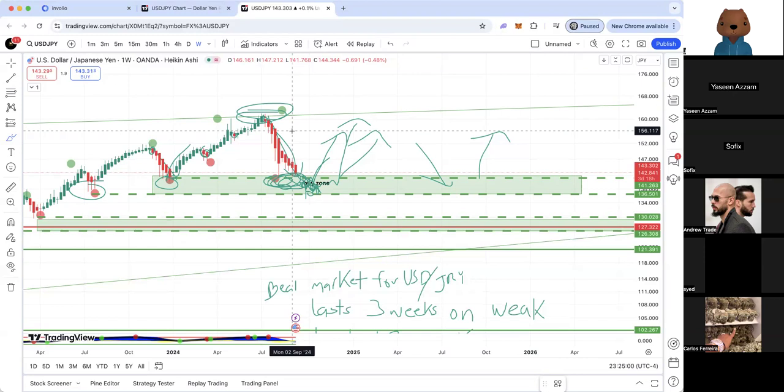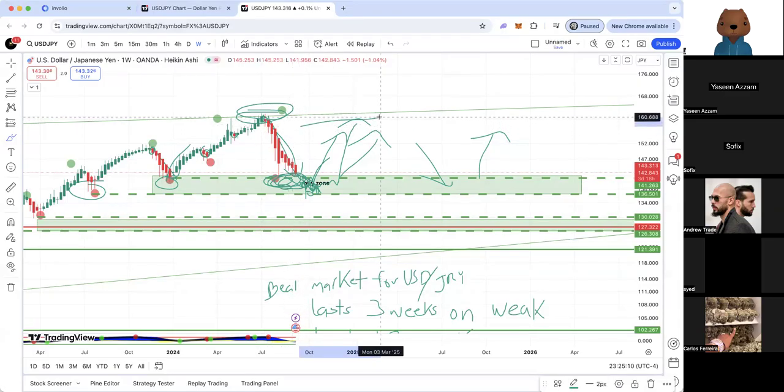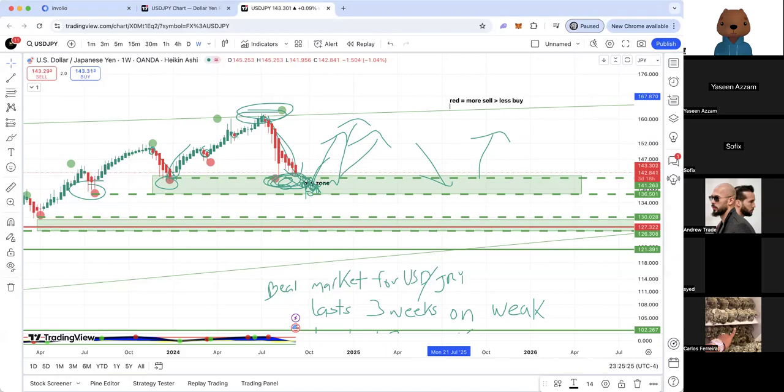Candles are important because of two things: their color and the way they look. The color is determined by what? Let's write this down. Red equals more sell, less buy.